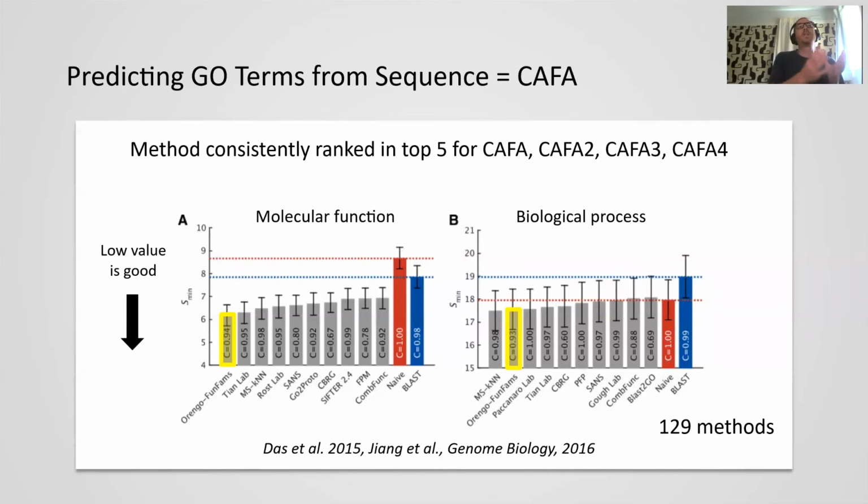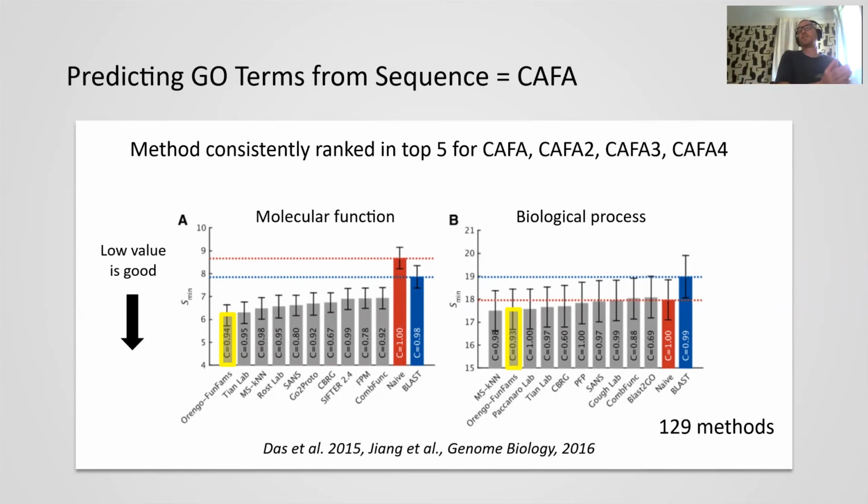So in terms of predicting GO terms from sequence, the best way to prove whether they're working or not is using the CAFA experiment. This is an international blind study that essentially throws out lots of protein sequences to the community. They ask the community to provide their GO term predictions, and then they allow these sequences to gather annotations through experimental labs.